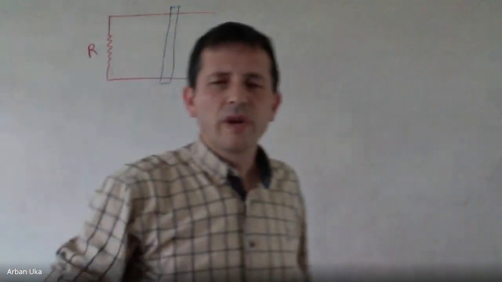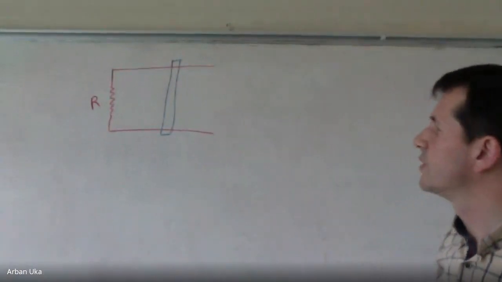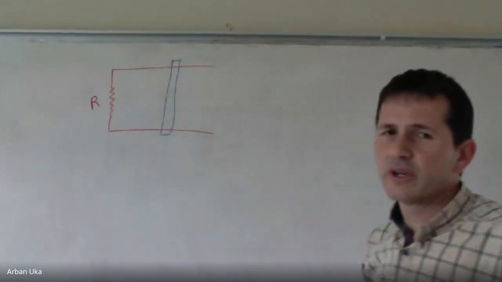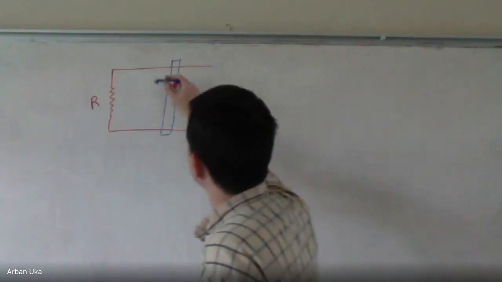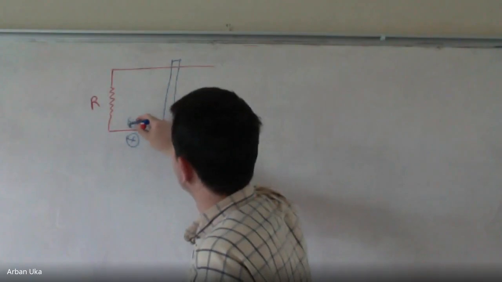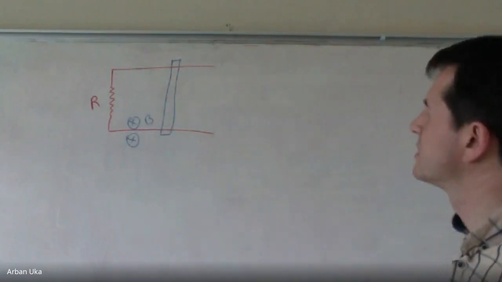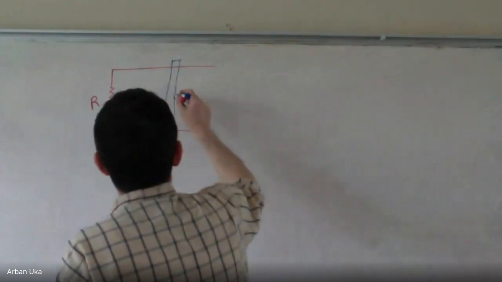Let's assume that we have a couple of wires, and these two wires are connected with respect to each other through a resistance R, and then we have a magnetic field B that is going into the board, so there's a magnetic field B pointing downwards.